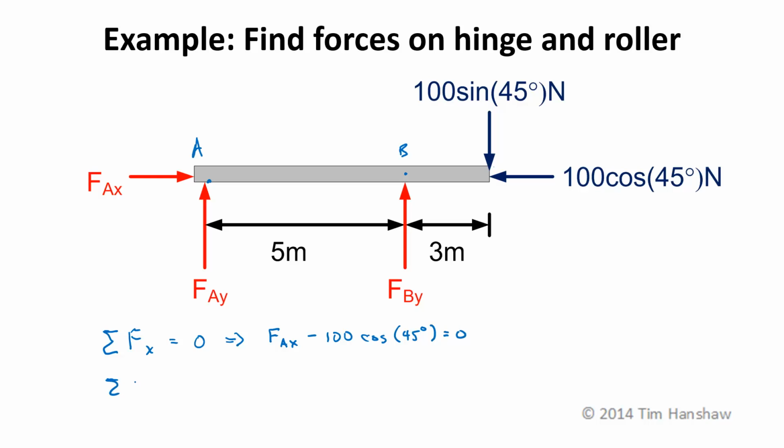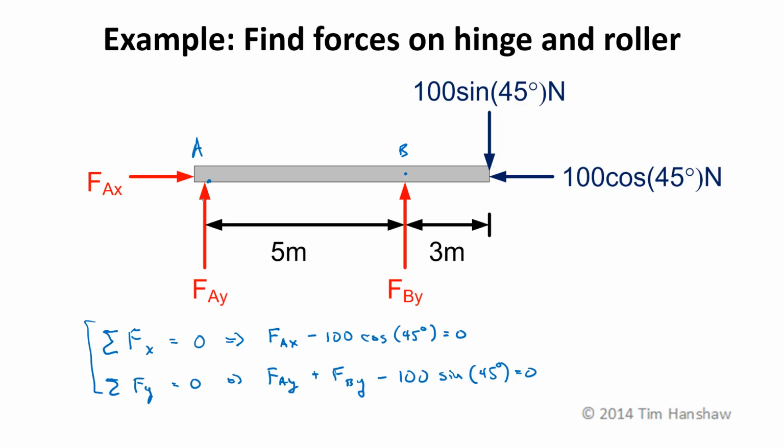Now the sum of the forces in the y direction, with positive being up, is Fay plus Fby minus 100 times sine of 45 degrees is equal to 0. Those two equations will keep this from moving up or sideways.